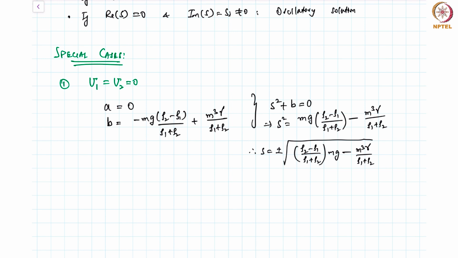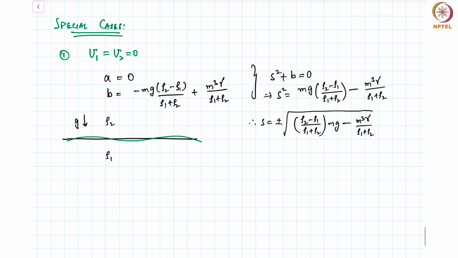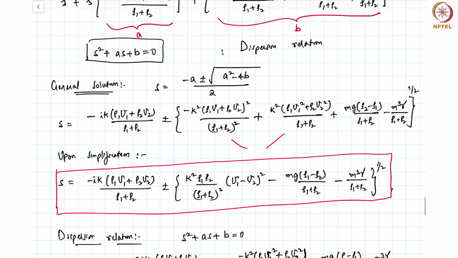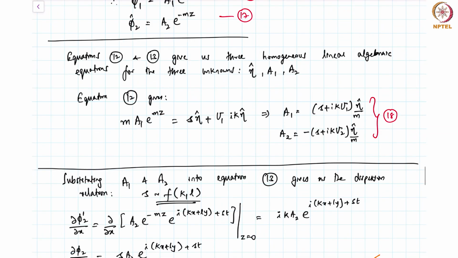Now we have a system where we have a practically flat interface, and on top of this flat interface tiny undulations are created, and we have the density above is rho 2, the density below is rho 1, and gravity is pointing in the downward direction, right? We have not given labels to some of these equations.